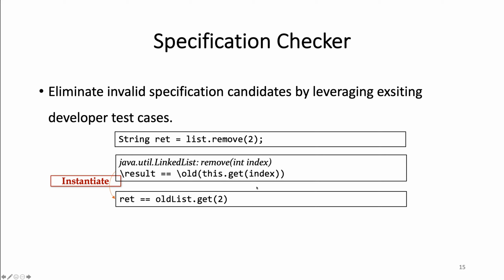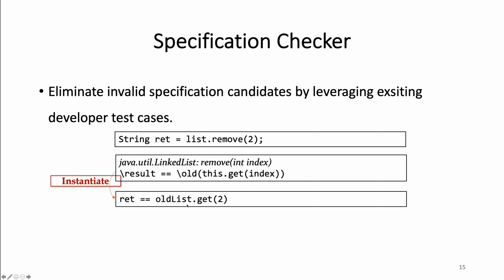For this case, we will substitute the formal parameter index with the actual parameter 2. Then we substitute the keyword \result with the variable name ret. Also, we substitute the keyword \old with the cloned receiver. After this instantiation, we can get the specification showing here.